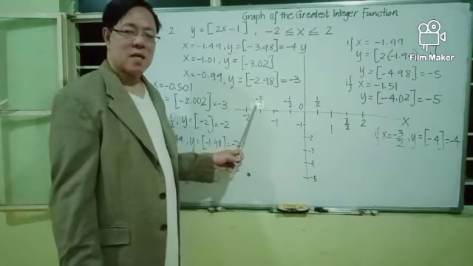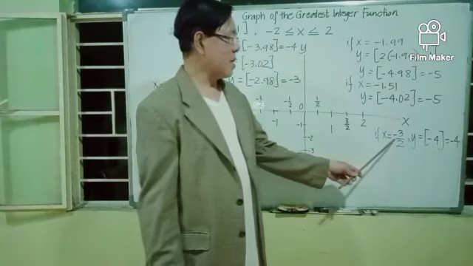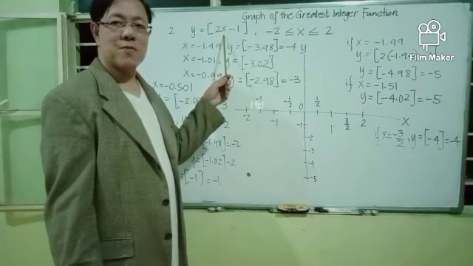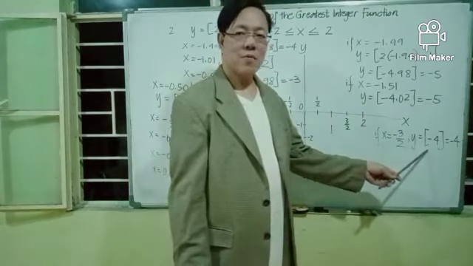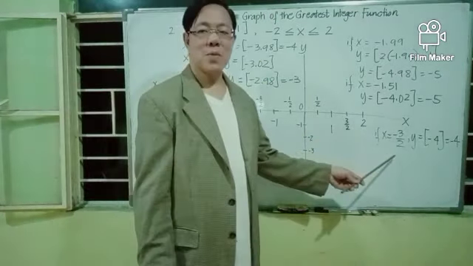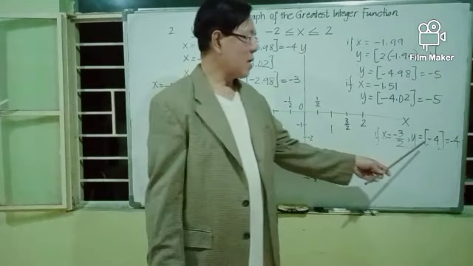Because if x is negative 3 over 2, you substitute x in this greatest integer function. The value of y is negative 4. 2 times x, x is negative 3 over 2, you get minus 3 minus 1, you get negative 4.